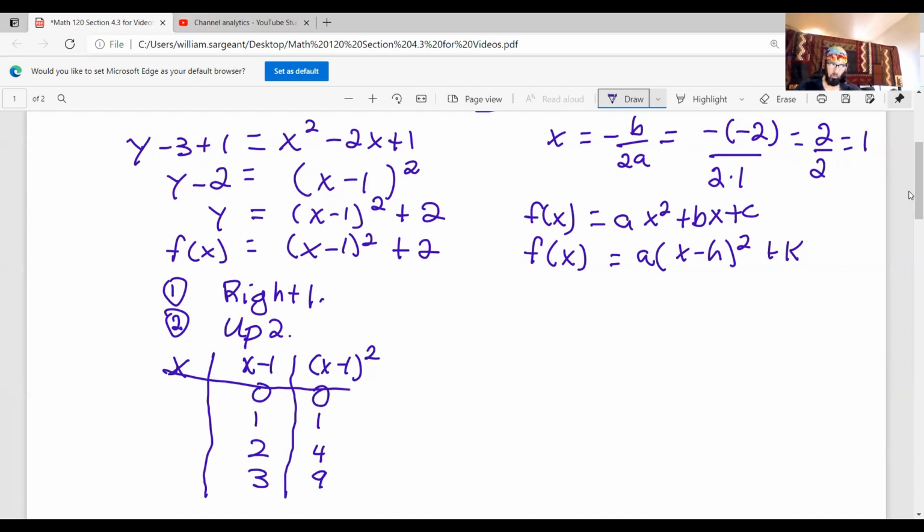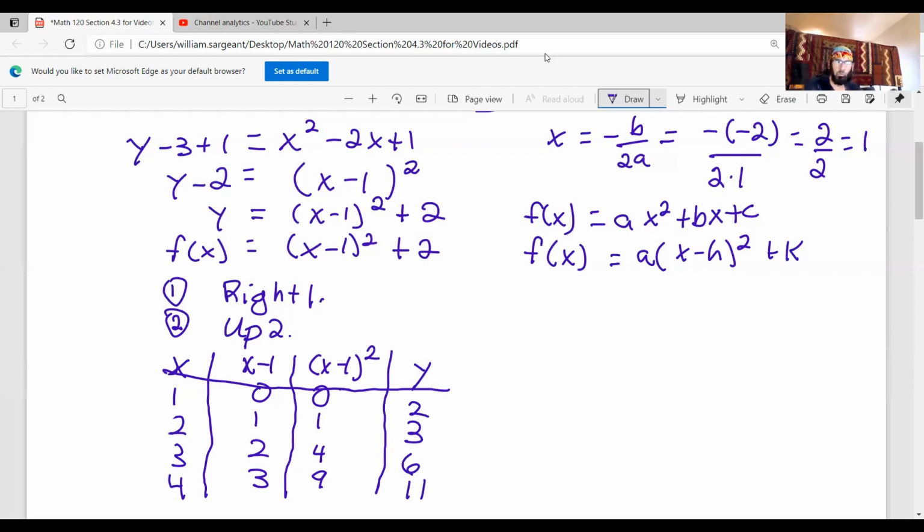So 1, 2, 3, and 4. If you notice, you plug in 1 for x into x minus 1, you do get the 0. You plug in 2 into x minus 1, 2 minus 1 is 1, and so on. Finally, our y coordinate that we're going to plot is after we shift up these y coordinates here by 2. So 2, 3, 6, and 11.